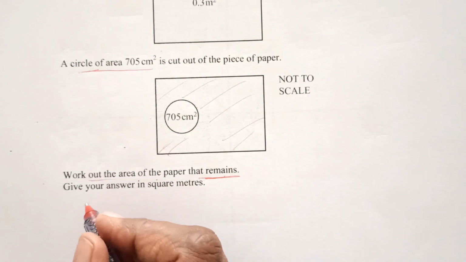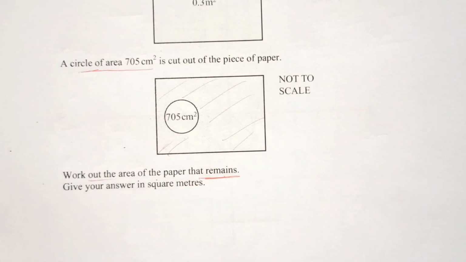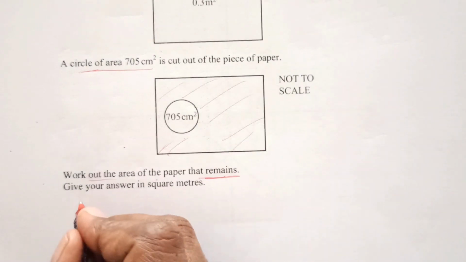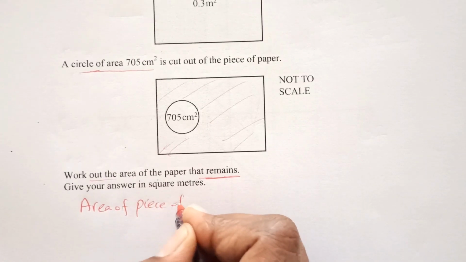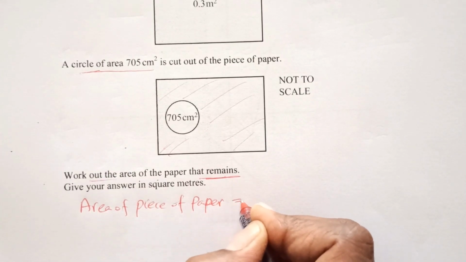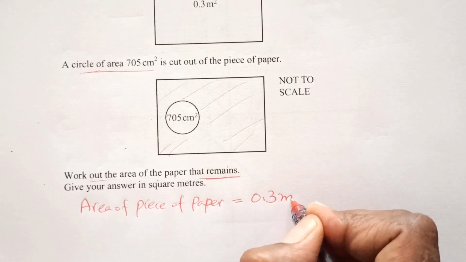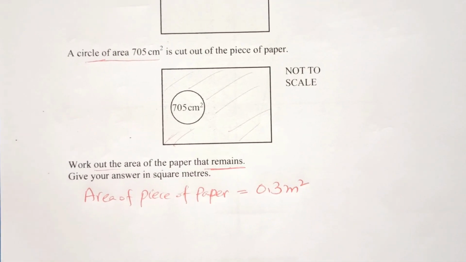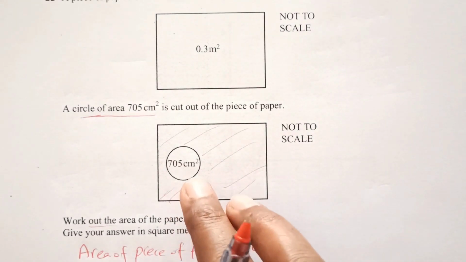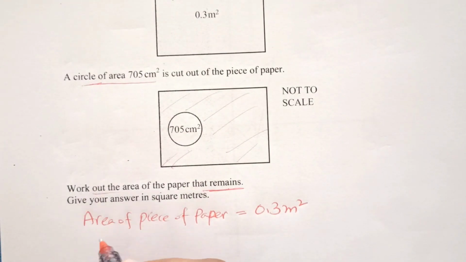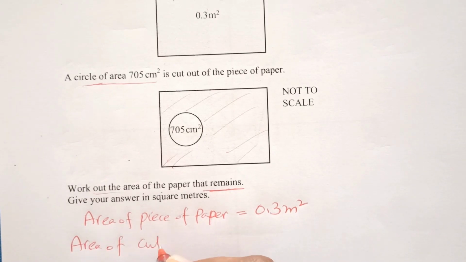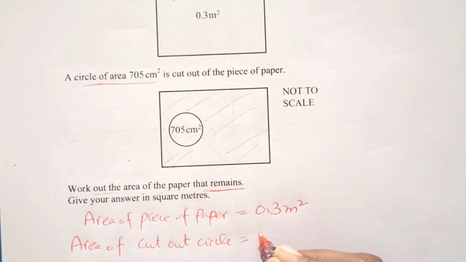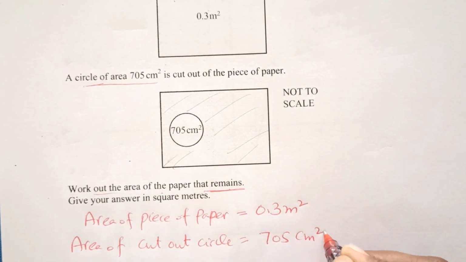The area of the piece of paper is given to us, 0.3 meters squared. And then the area of the cut out circle is 705 centimeters squared.